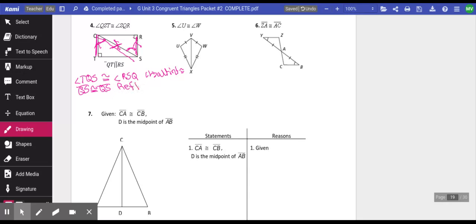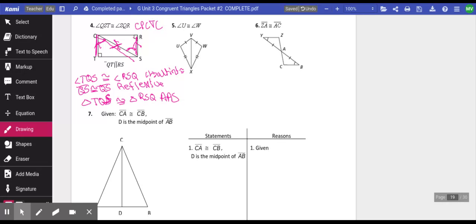So that means that triangle TQS is congruent to triangle RSQ by angle, angle, side, and thus we have the angles we want by CPCTC.